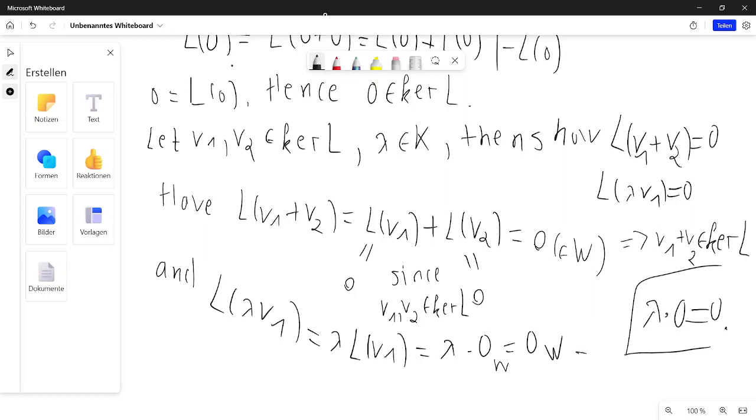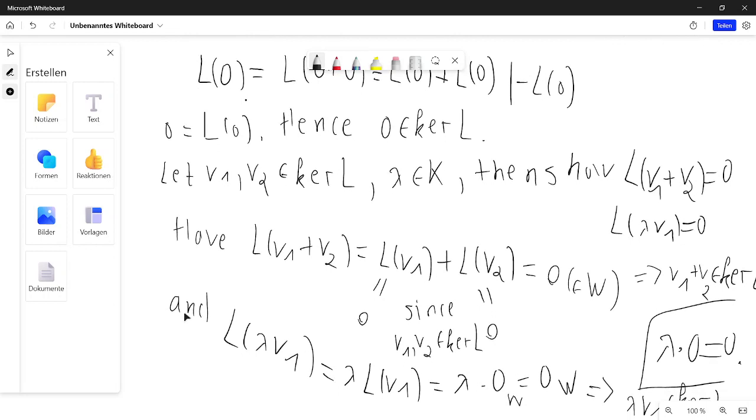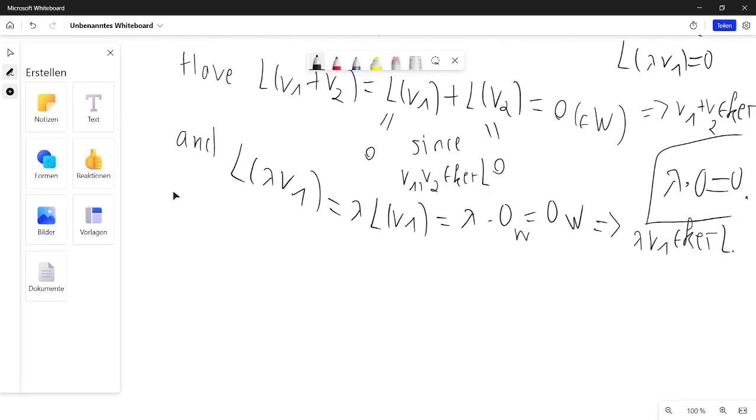And this implies that lambda V1 is in the kernel of L, right? So we have shown closeness under addition, closeness under scalar multiplication, and we have shown above that 0 is in the kernel.